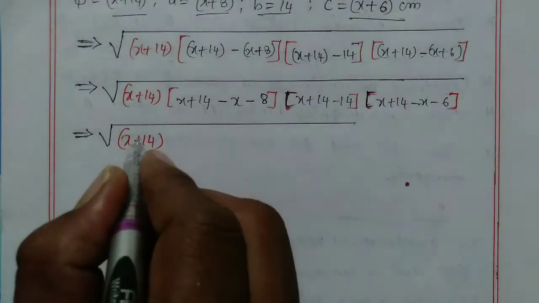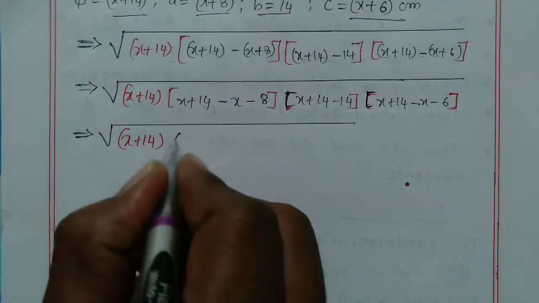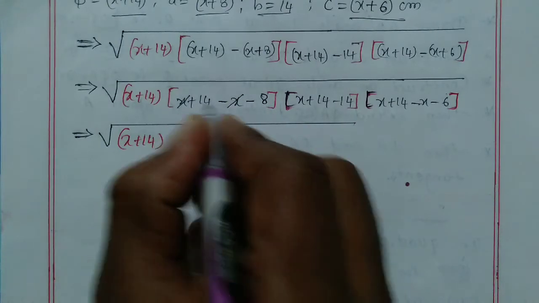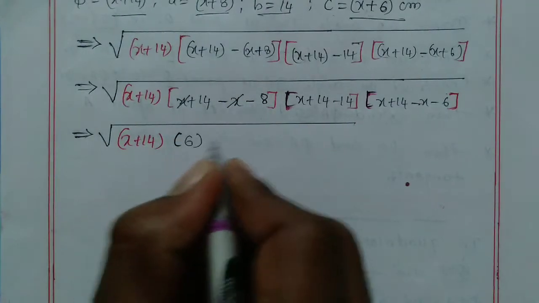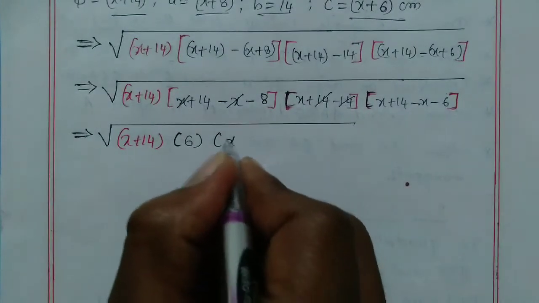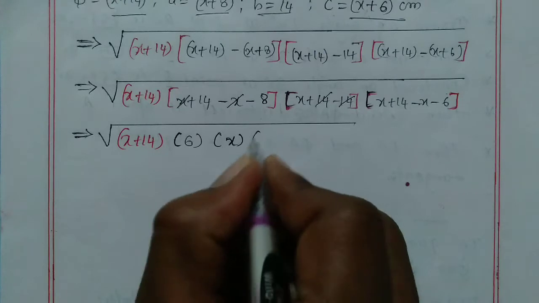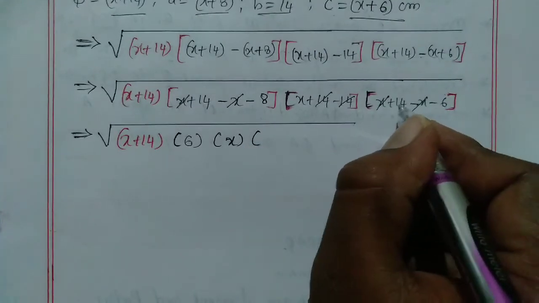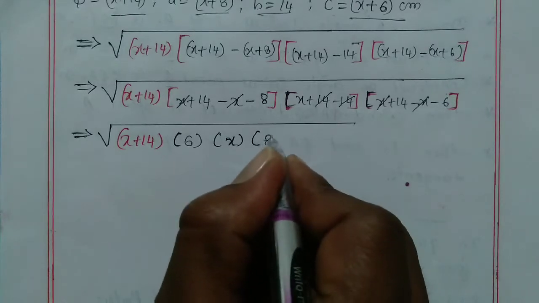So next x plus 14 as it is, into, so plus x minus x get cancelled, 14 minus 8 is 6, into plus 14 minus 14 get cancelled, remaining is x, into, so minus x plus x get cancelled, 14 minus 6 its value is 8.